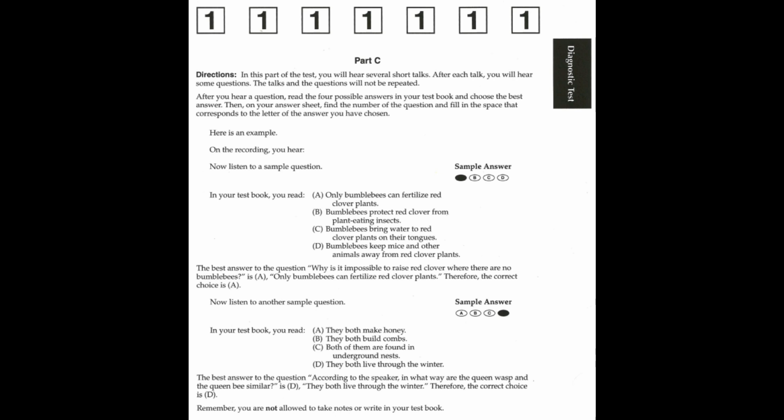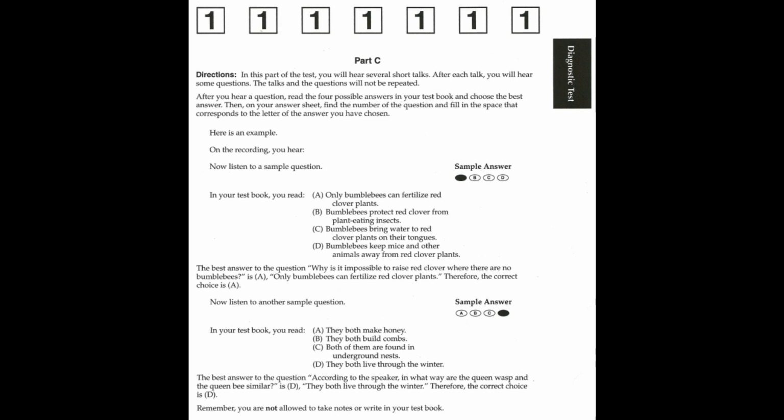Now listen to a sample question. Why is it impossible to raise red clover where there are no bumblebees? In your test book, you read, A. Only bumblebees can fertilize red clover plants. B. Bumblebees protect red clover from plant-eating insects. C. Bumblebees bring water to red clover plants on their tongues.